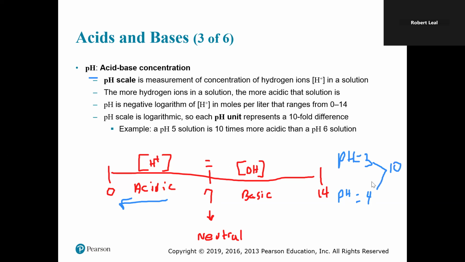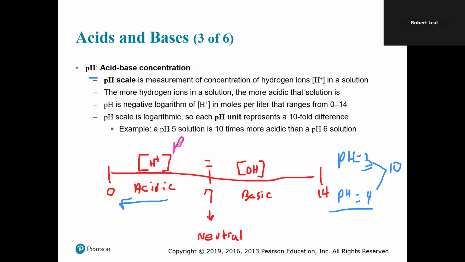To give you an example, the pH of 3 has 10 times more hydrogen than a pH of 4. Or you can reword this where you say the pH of 4 has 10 times less hydrogens than the one at 3. So anytime you see numbers for the amount of hydrogens, we do it in multiples of 10 for the difference.